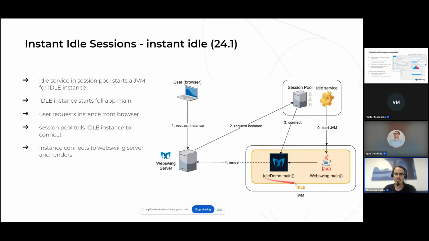In this case, you need to think about how this will affect the server, because the whole application will be fully loaded and take full resources in the session pool, basically just doing nothing, waiting for the user. So when the user connects and requests an instance from the session pool, it only finds the idle instance and tells the application to connect and render. So it doesn't have to wait for anything else than creating some WebSockets.